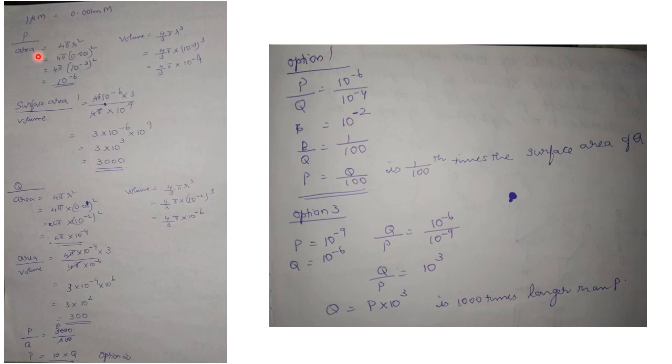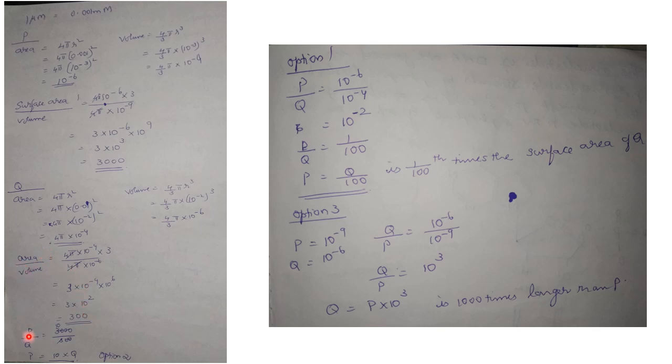I have done the calculation, that is for P I have found out the area and the volume. For Q also I have found area and volume. I have also found surface area by volume, that is 3000, and here for Q also area by volume I have found, that is 300.